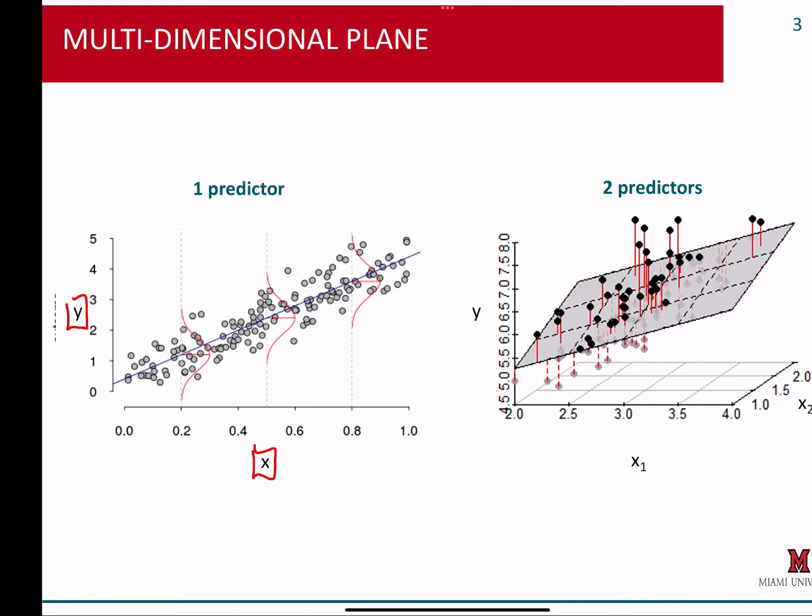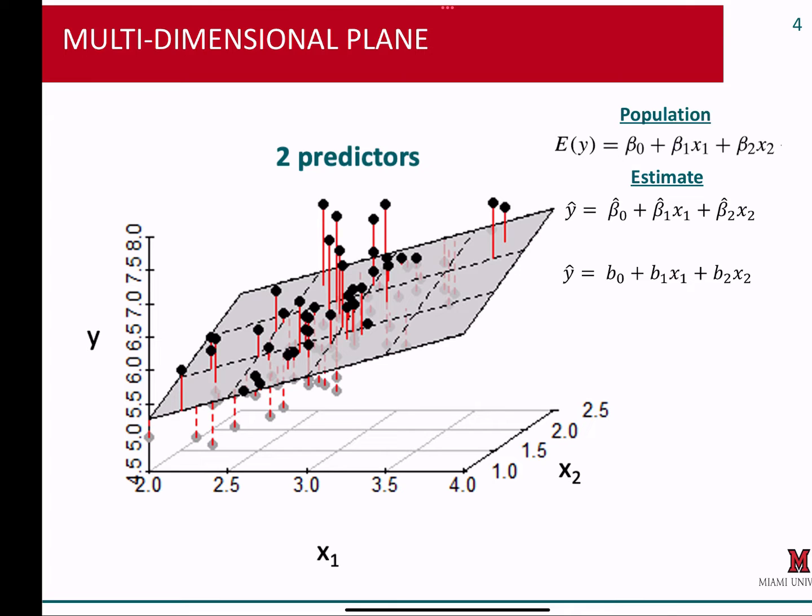But when you have more than one predictor, x1 and x2, then the relationship can be represented by a plane instead. And then the distance from each point to the plane is called the residuals. If the point is above the plane, then this is a positive residual. If the point is below the plane, then this is a negative residual. And if the point lies exactly on the plane, then the residual is 0.